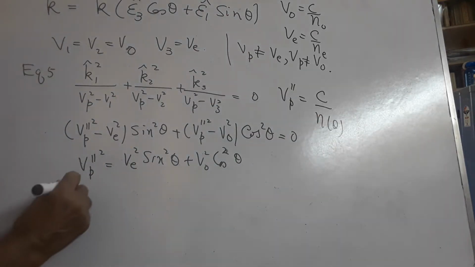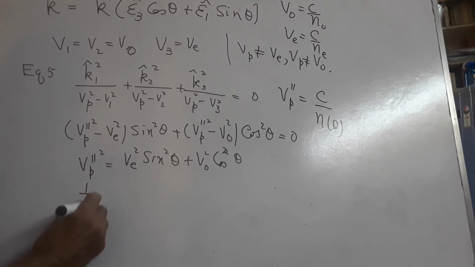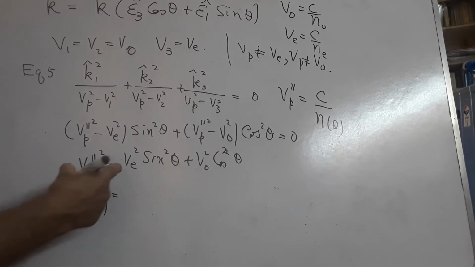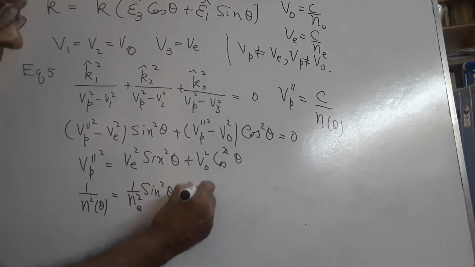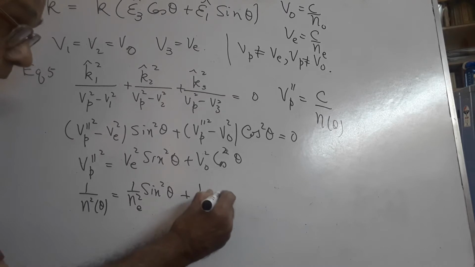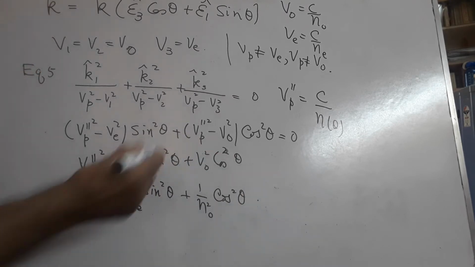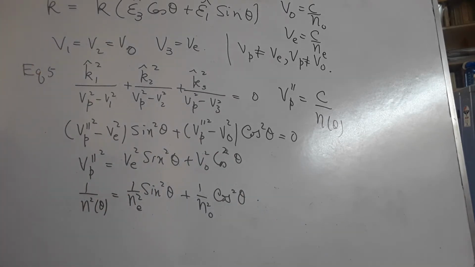I will write this as 1 by N squared theta equal to, this is C squared, I will cancel C squared everywhere, 1 by Ne squared sin squared theta plus 1 by No squared cos squared theta. This is the standard form in which this equation is written. And Vp double prime from here is nothing but C divided by N theta.